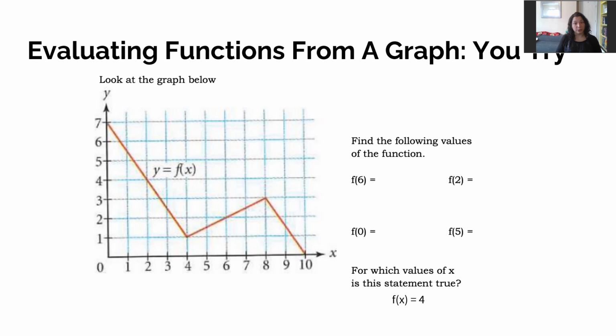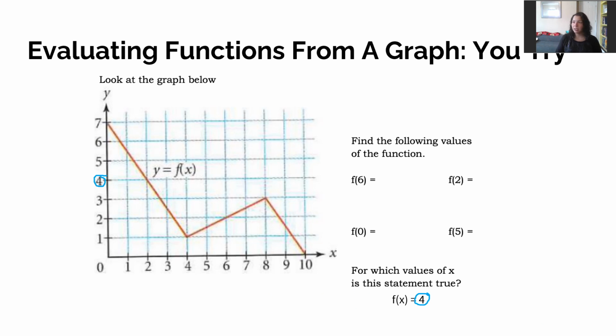Also find it for f of 0, f of 2, and f of 5. Now, this one I'm going to ask a different statement. So what if my output is 4? All right. So given an output of 4, what's my input? Okay, that's what I'm asking on this last one.